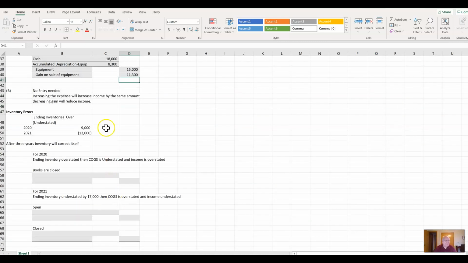Now, inventory errors. This is the first one: 2020 is $9,000 overstated for the ending inventory, and in 2021 they were understated. Now we're at the end of 2021 or beginning of 2022, and inventory is a unique feature in that it's self-correcting. If it's three years out or more, you don't worry about it because it's self-correcting.